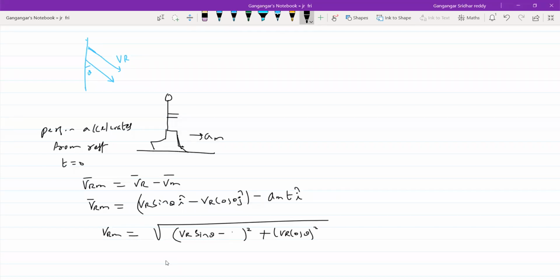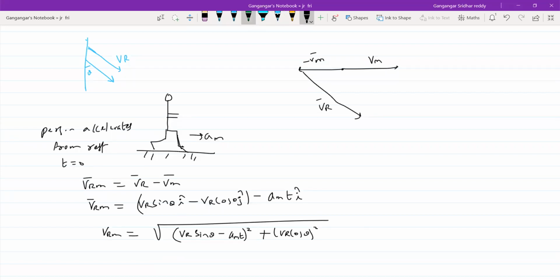So this will be Am into T. So definitely as the time T increases, as T equals 0, 1, 2, 3 seconds, the Vrm magnitude will also change, and so will the direction. Listen. So here as such, we know this is Vm. The vector diagram, I'll put it here. This is Vm. This is minus Vm. And this is Vr, no?